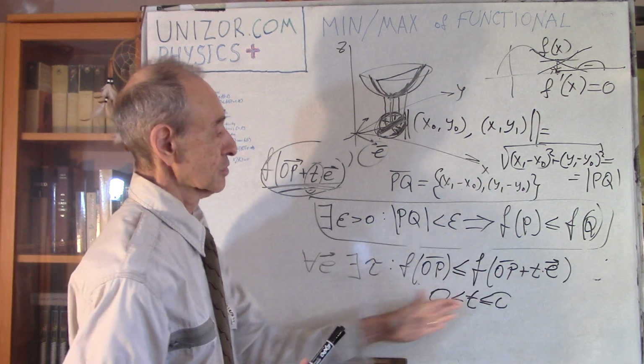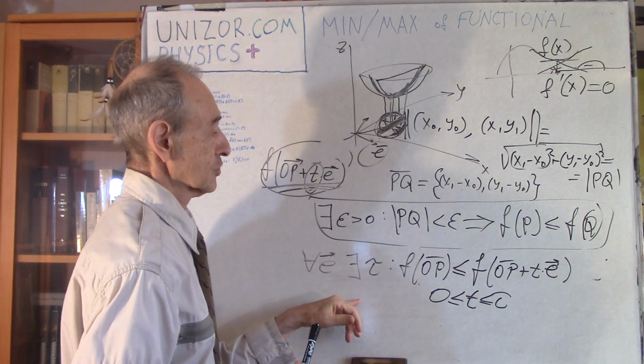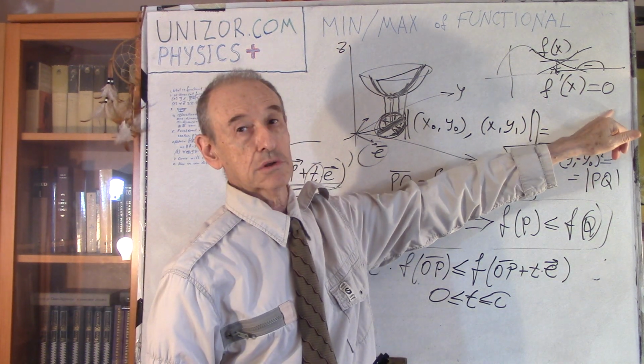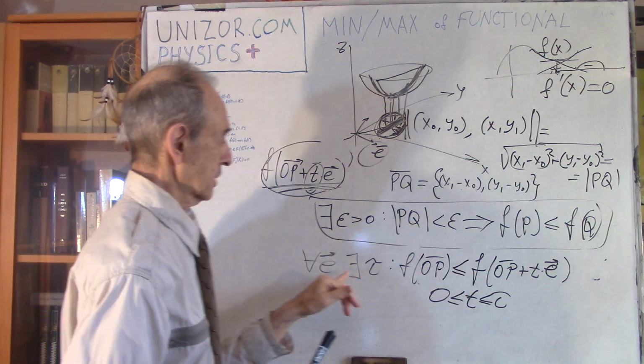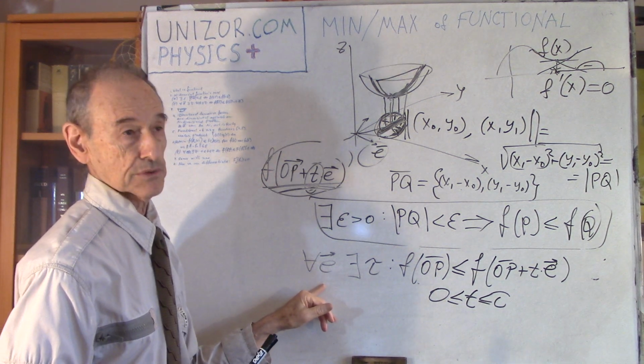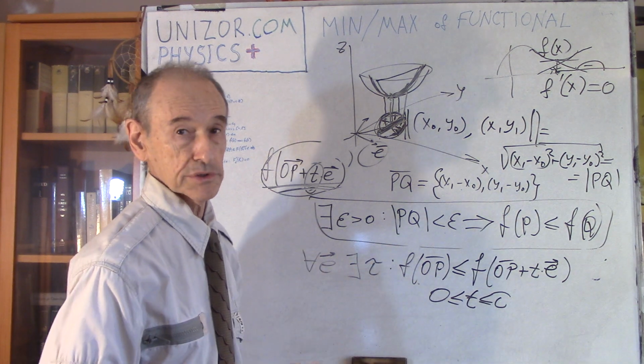So basically it means that to solve this problem of finding the minimum of a function, you really have to solve this equation n times for n different directions along n different axes of coordinates, which were called, if you remember, partial derivatives.